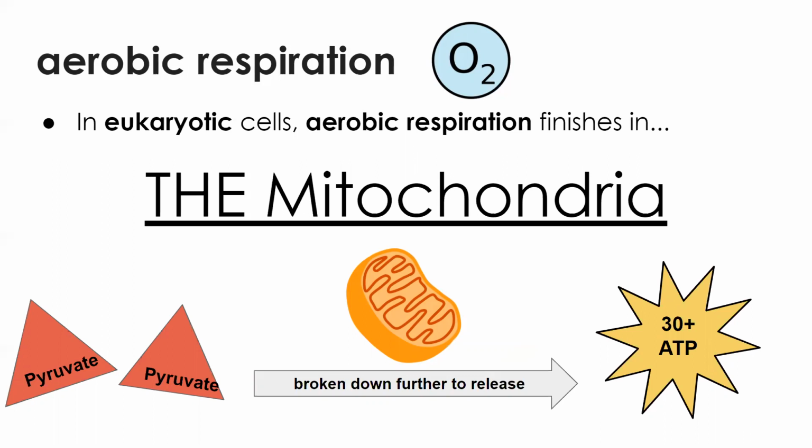This further breaking down of these smaller molecules makes 30 more ATP, 30 plus more ATP. Because so much energy was released from the breaking down of these two molecules, the mitochondria is dubbed the powerhouse of the cell.